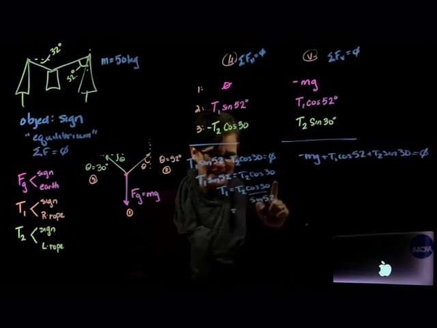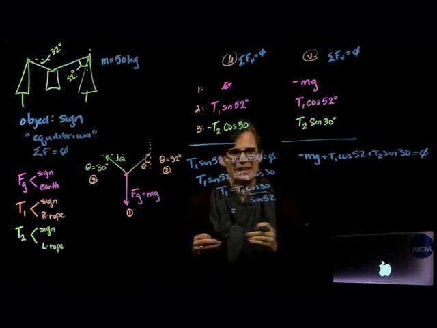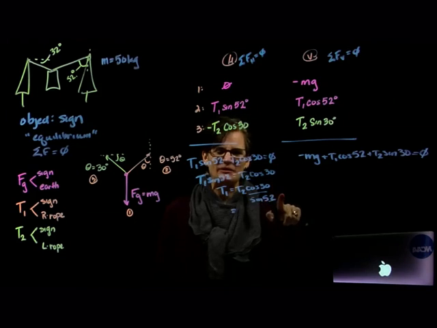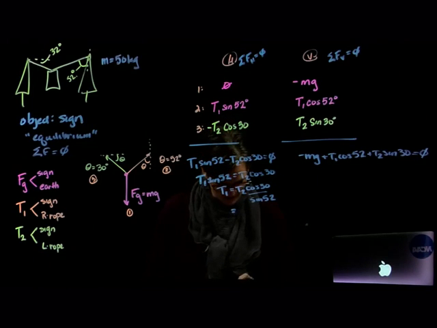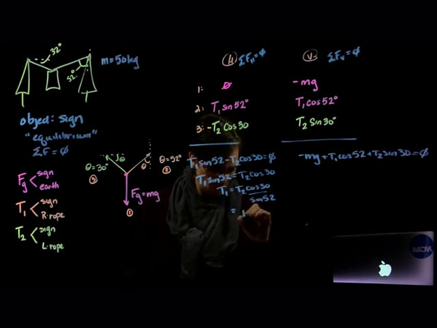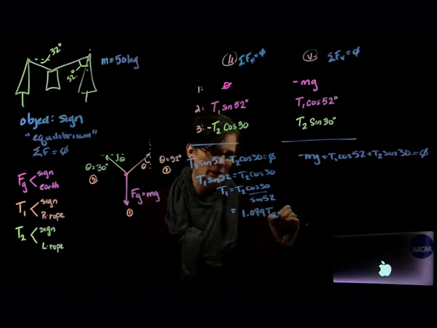Now, I have a tendency to get a little bit cumbersome in my writing, so I try to eliminate some of that cumbersomeness. So I'm going to take the cosine of 30 divided by the sine of 52 just to reduce that, and I end up with 1.099 T2.